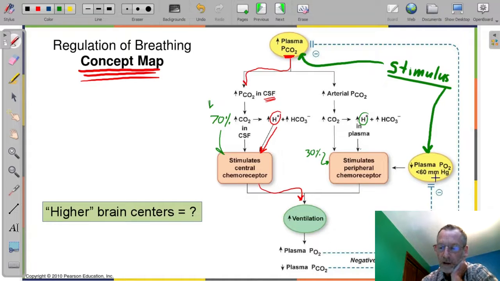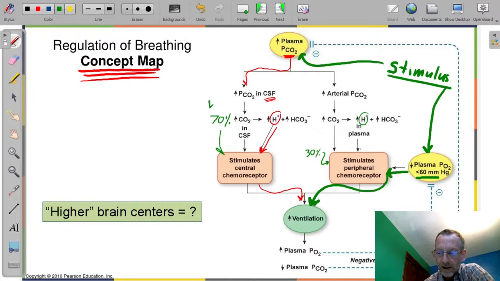Okay, so low oxygen. If it drops below 60%, what this figure is showing is that drop, that low oxygen, then stimulates the peripheral chemoreceptors and we increase ventilation. And that was our hypoxic drive.